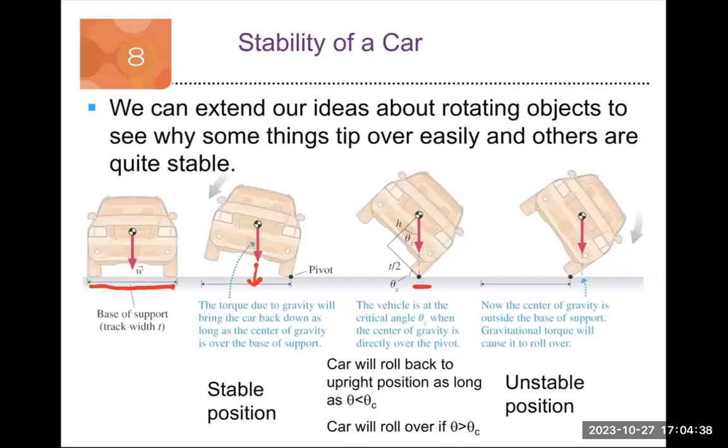So in that case, if we go a little more, the car is going to roll. As long as our angle's less than that critical angle, it'll come back. And then in our final picture, notice now our center of mass is outside our base of support. So that's our unstable position. There's no coming back if your car is that far over.